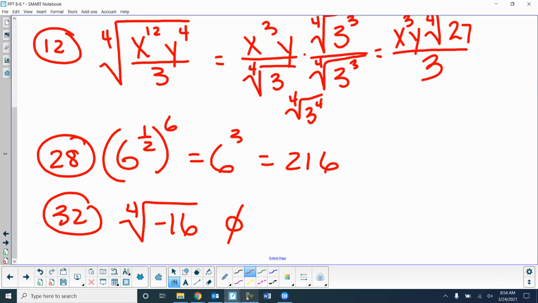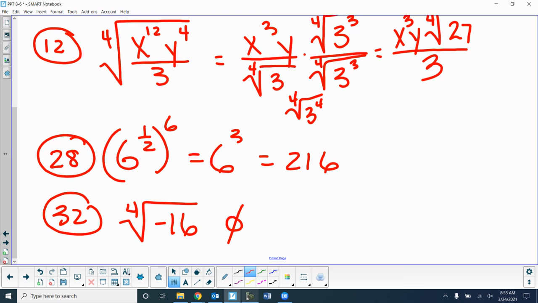Okay, but it's even, so negatives we can't do. 36 is x squared radical 5x over 15. 40 is negative 3 x to the 3rd y times the cube root of 2. There's a 2 left over.